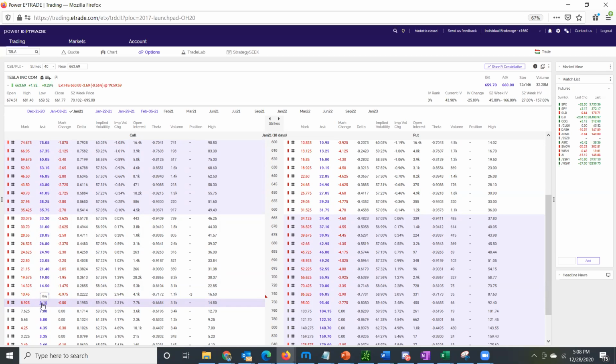And if Tesla reaches 750, they will take the stock away from your account, but you make money, because 650 to 750 is a $100 move on 100 stocks, $10,000 you made, plus the 1,000 you received. So 11,000 you made from this run.